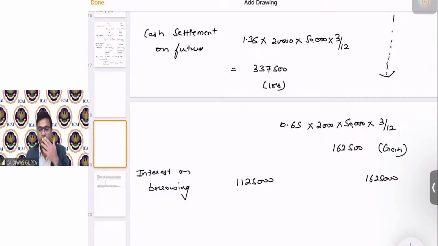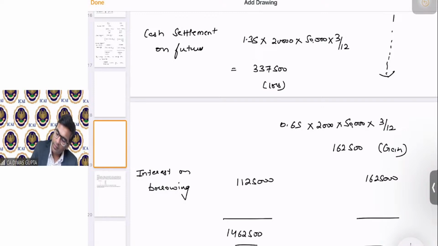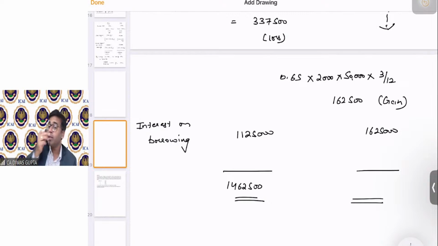Because if it is 4.5, then it was 11,25,000 that we have already calculated above, right? So this gives us how much? 14,62,500. And here the gain will be reduced, right? So this 1,62,500 will be reduced from 16,25,000.